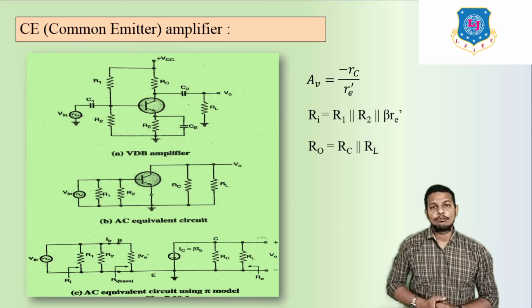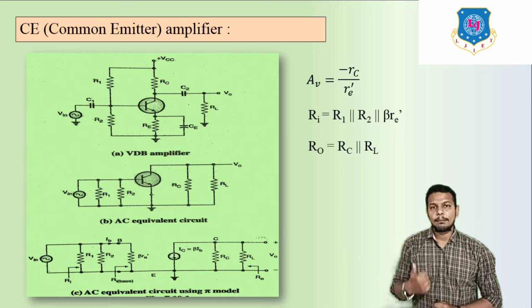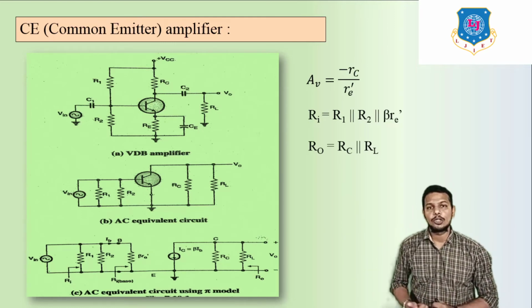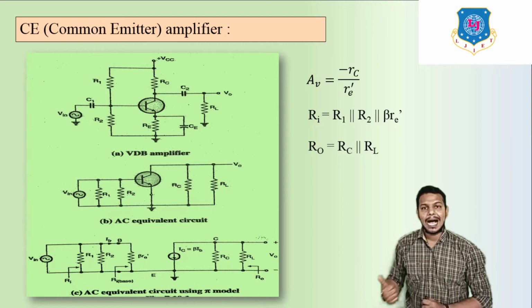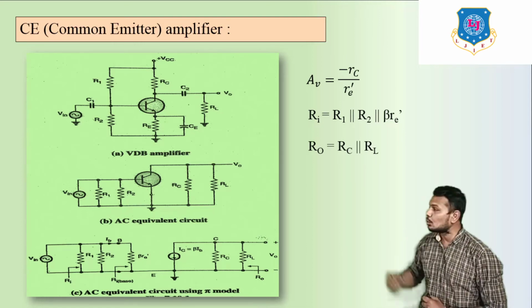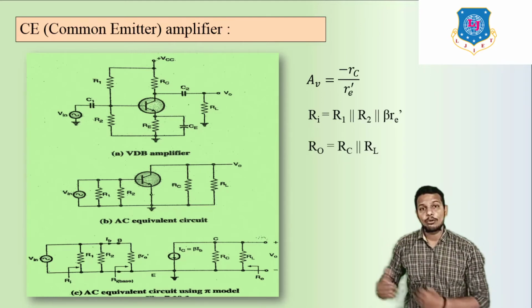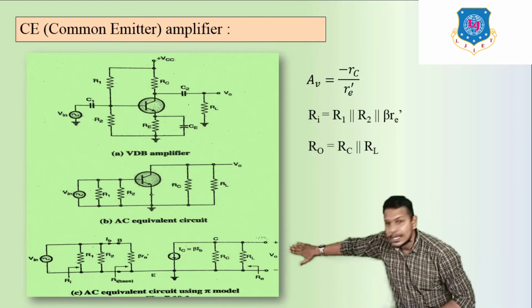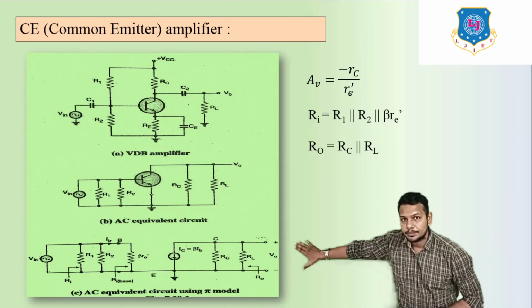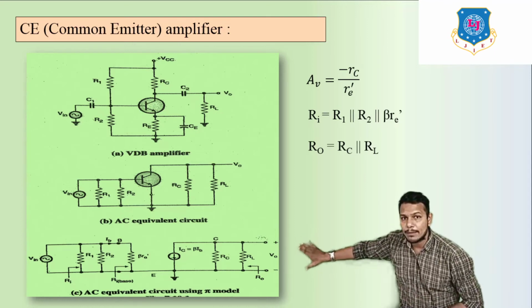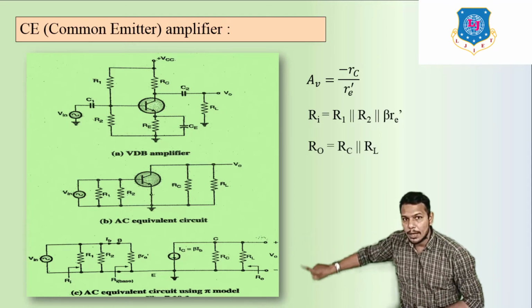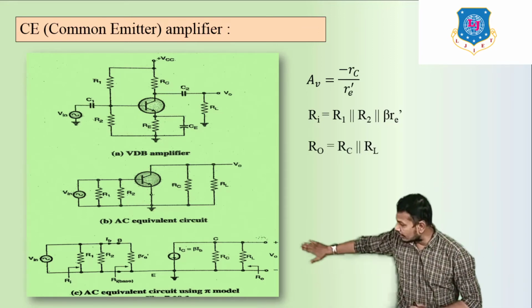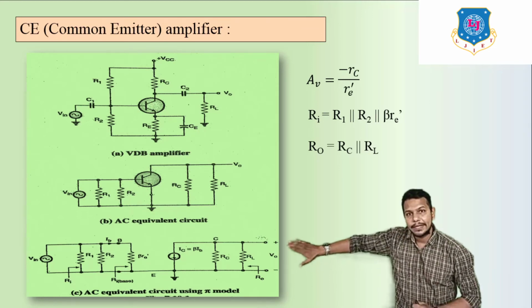In this theory we have to find three characteristics. Number one, voltage gain: AV is equal to minus RC upon RE dash. Number two, RI, the input resistance, which we find across the input side. RI is equal to R1 parallel R2 parallel beta RE dash.